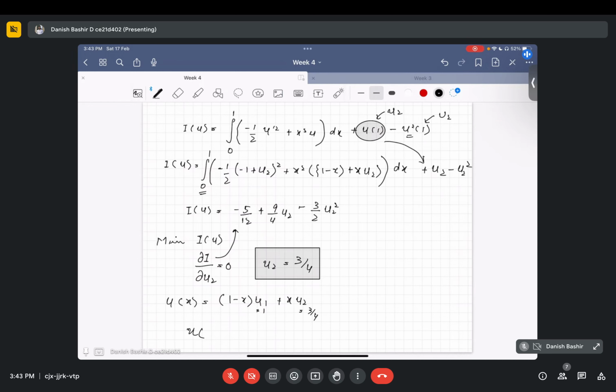Your one element solution for this problem becomes u of x equal to 1 minus x plus x times 3 by 4, which boils down to u of x equal to 1 minus 0.25x, and u dash of x is equal to minus 0.25. That is the one element solution for this problem.